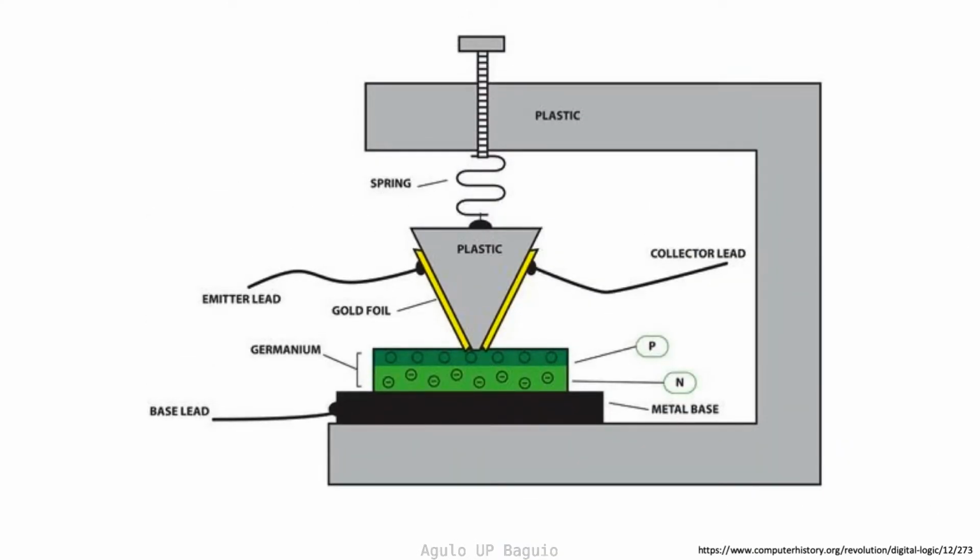In the very first transistor, 2 closely spaced gold point contacts are held in place by a plastic wedge on a sliver of germanium. This germanium was n-doped, meaning that they are bombarded with these group 5 elements in order to replace the germanium atoms inside the material. Current flows through the collector lead to the base lead.